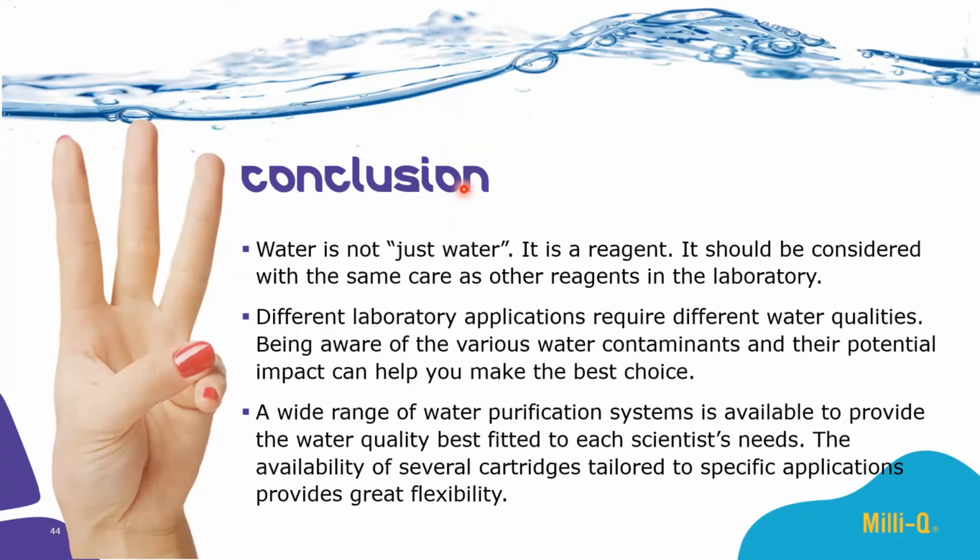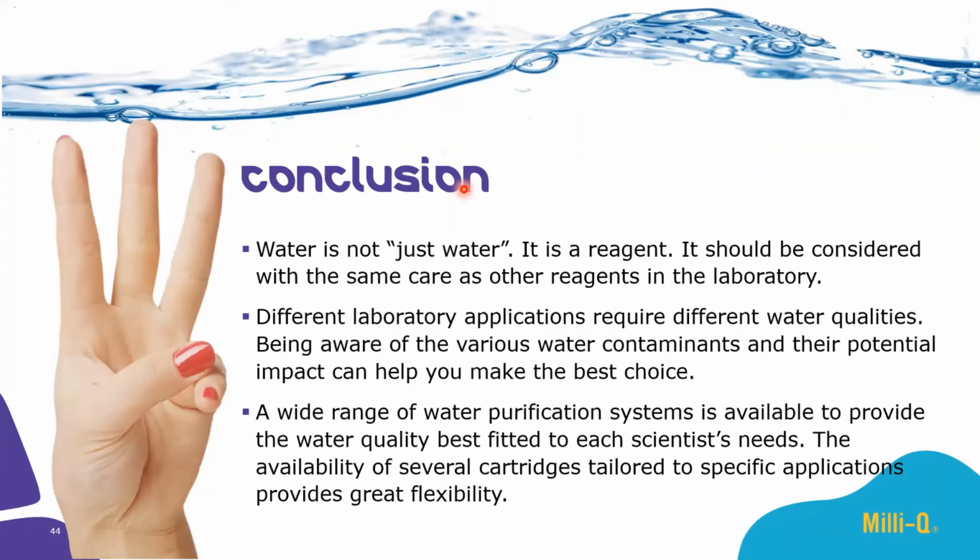Also, different laboratory applications require different water qualities, just like we've mentioned about type 1, type 2, type 3. Now that you are aware of the various water contaminants and their potential impact, you can make the best choice. That is why we've gone through those contaminants and how you can remove them.